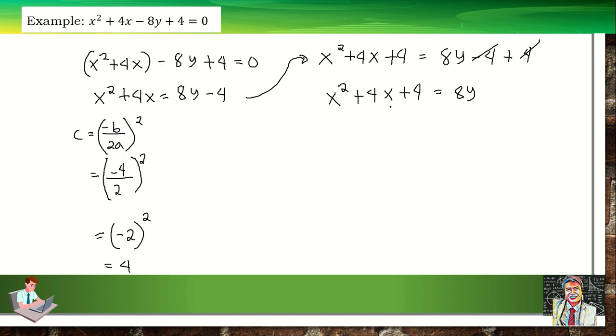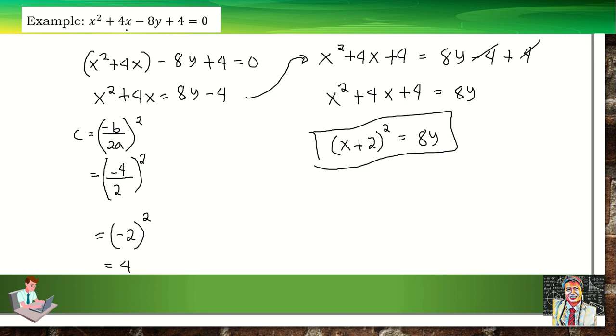So, extract natin binomial. So, square root ng x squared, that is x. Square root ng last term, that is 2. Sign ng second term, which is positive. So, this will become positive. Squared is equal to 8y. Okay? So, this is the standard form of the given general form, which is x squared plus 4x minus 8y plus 4 is equal to 0.